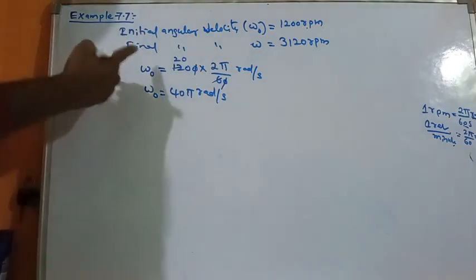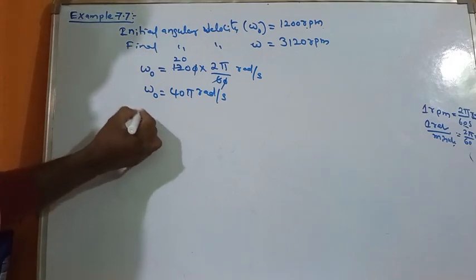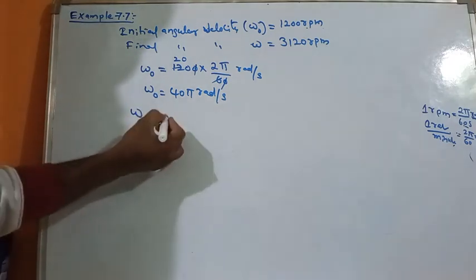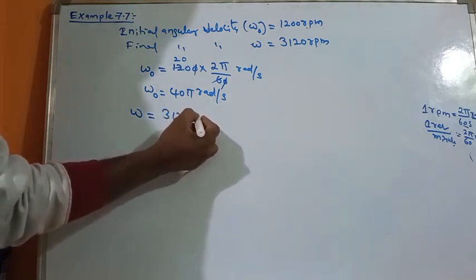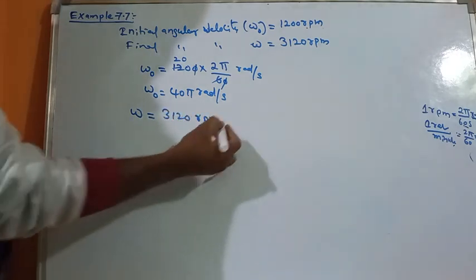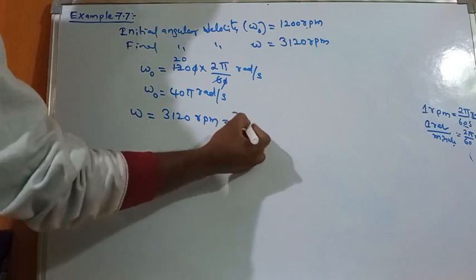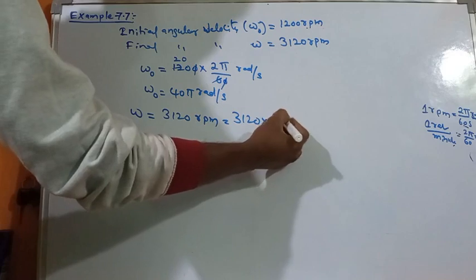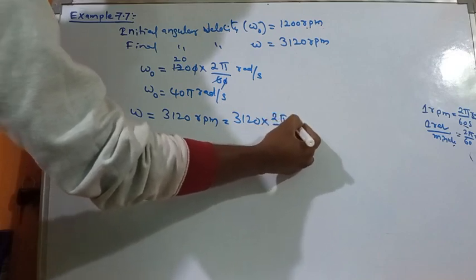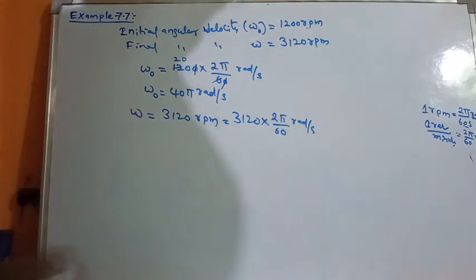Like that, the final angular speed omega is equal to 3120 rpm. So it is equal to 3120 into 2 pi by 60 radians per second.